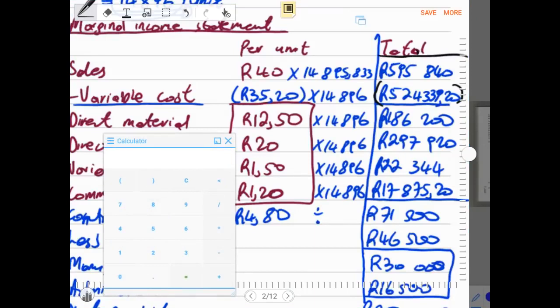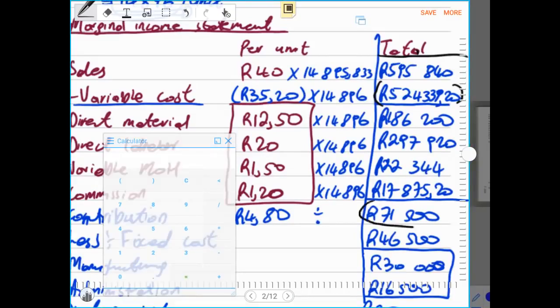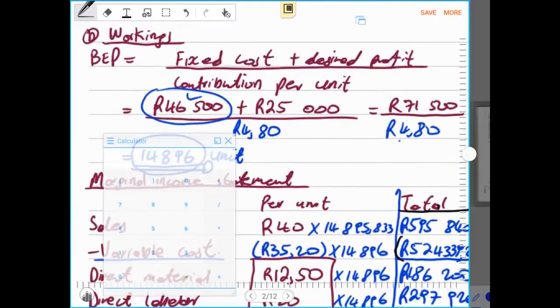Then now, the important part is that in the calculation of the number of units, you need to know the contribution in total, and you divide this by the contribution per unit, which I have shown you first in the calculation of the break-even point, where you say break-even point is your fixed cost plus desired profit. This is not always there.